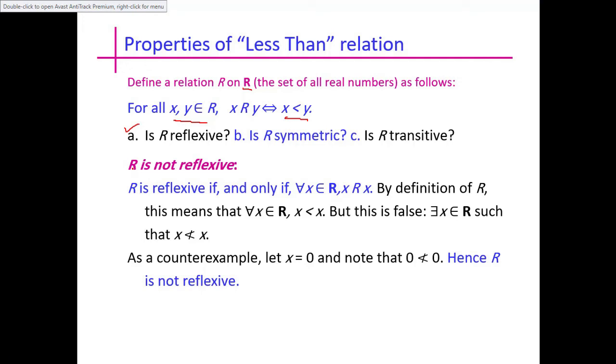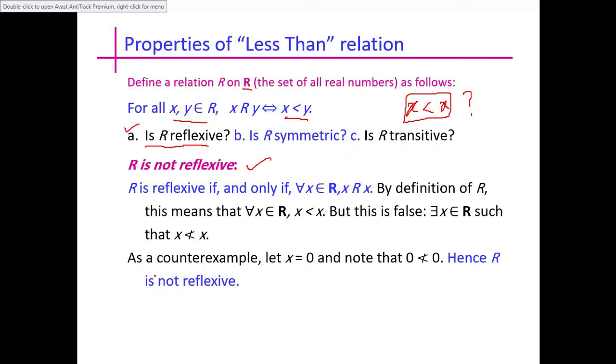For this type of relation we don't have a digraph, so we need to check it through a general observation, and we need to prove it generally. So what we need to show is whether x is less than x or not. We can see that this is not possible for any element, so this is not reflexive.